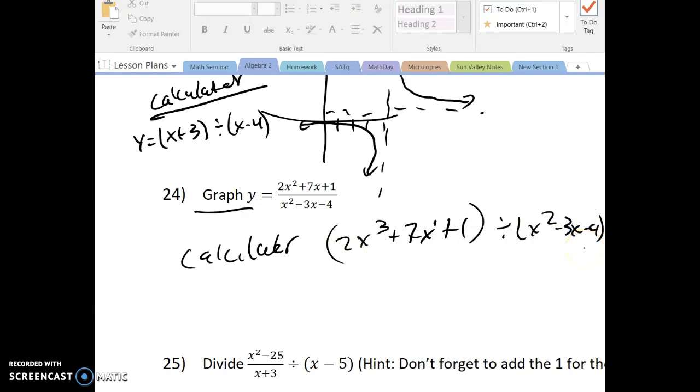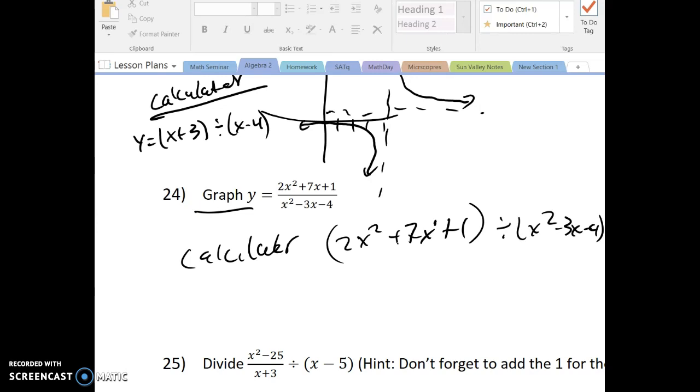So I'm going to put in the calculator here. We have that's a squared, not a cube. So we have parentheses on top, so 2x squared plus 7x plus 1, because we can't factor it. And then on the bottom, we have the top in parentheses, and then we have the bottom in parentheses.